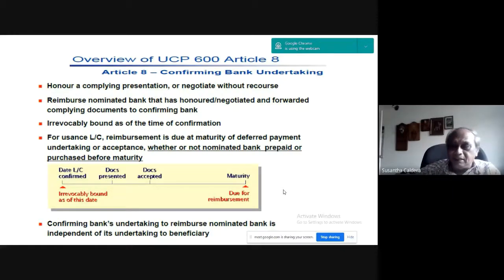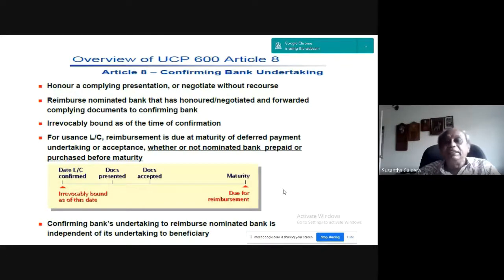Previously, when you issue an LC, the issuing bank is irrevocably bound as of the time of issuance of the LC. Here, that's very much similar to that. Irrevocably bound as of the time of confirmation. As of the time you add confirmation, you are irrevocably bound, right?